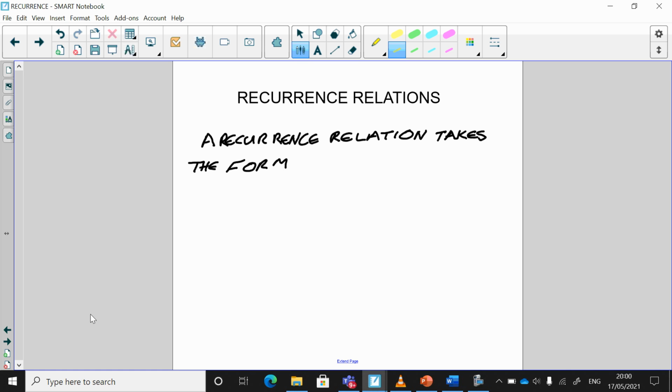So this recurrence relationship takes the form, this time it's a wee bit different. Don't worry, we like to change things, to complicate things for you. So this time we've got a connection between Un, which is a given term, and well, the answer here is going to be the next term in the sequence.